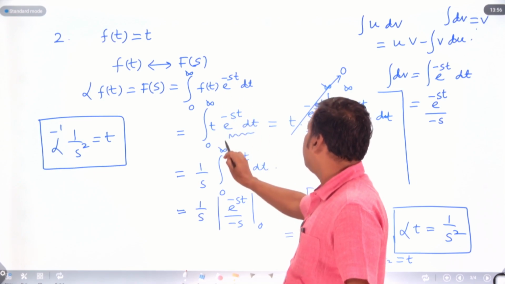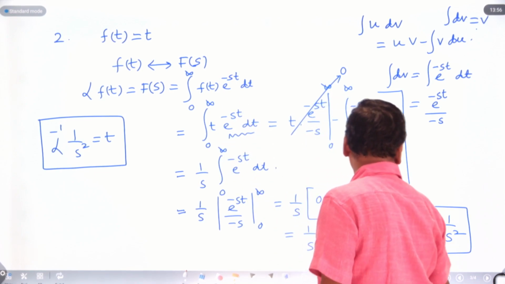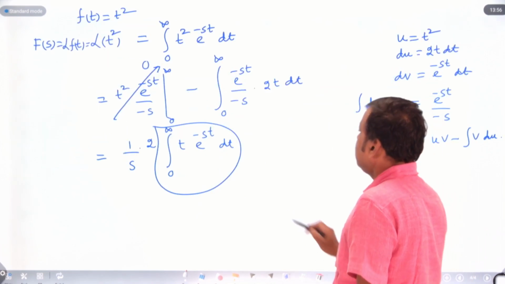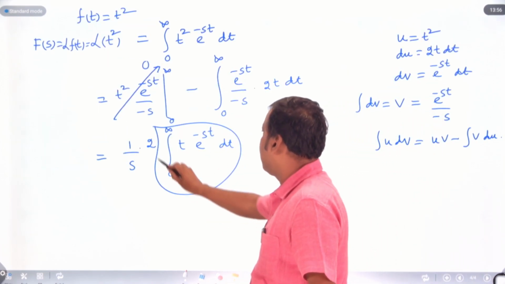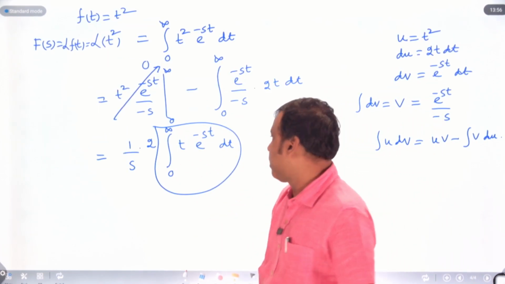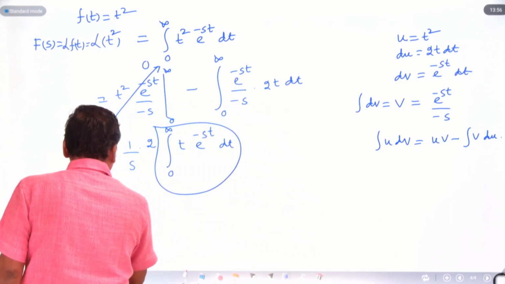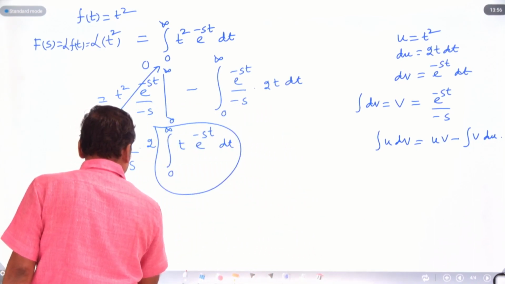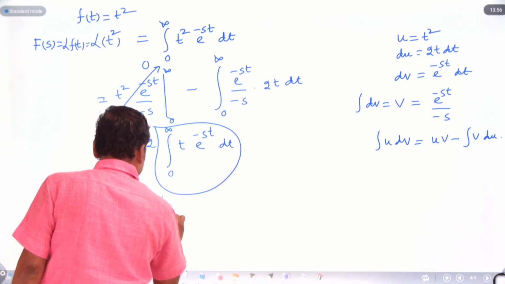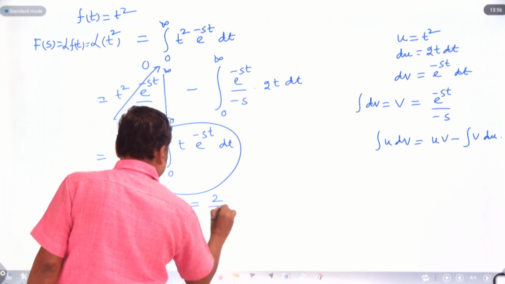So t into e to the power minus st dt is 1 by s square. So that is 2 by s into 1 by s square, and the value is nothing but 2 by s cube.